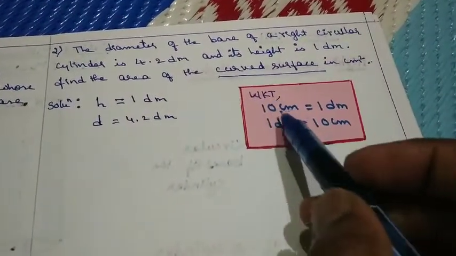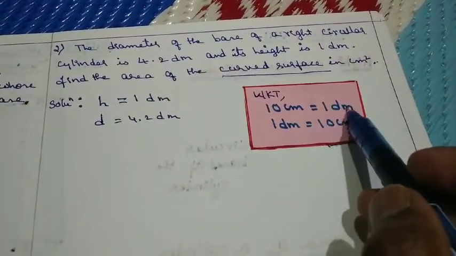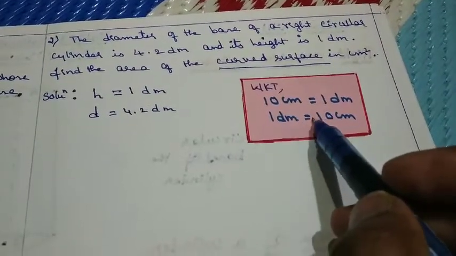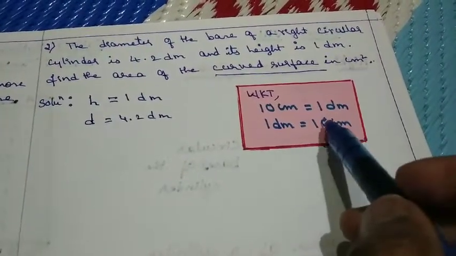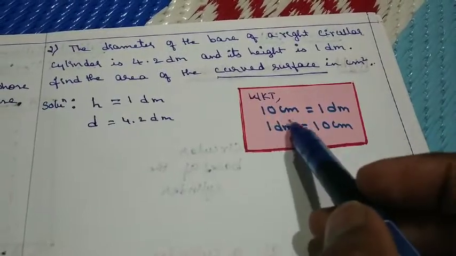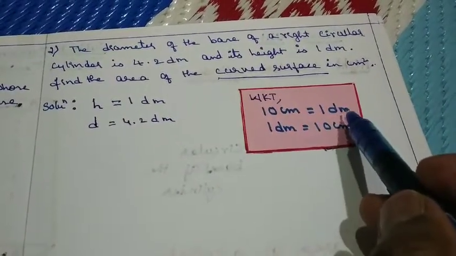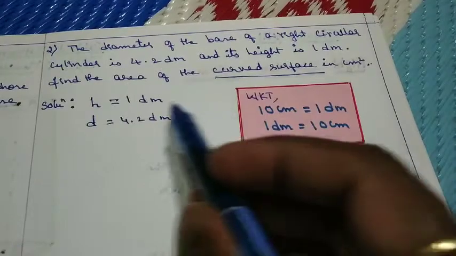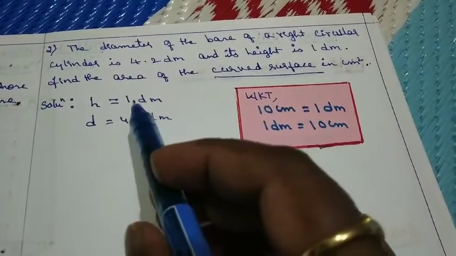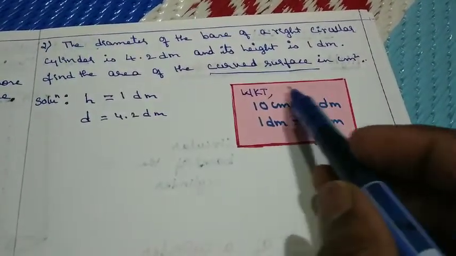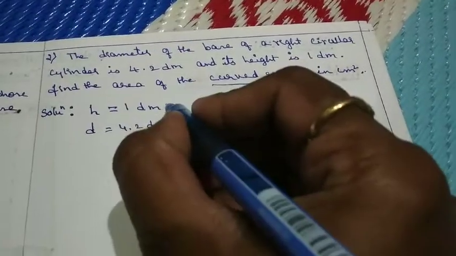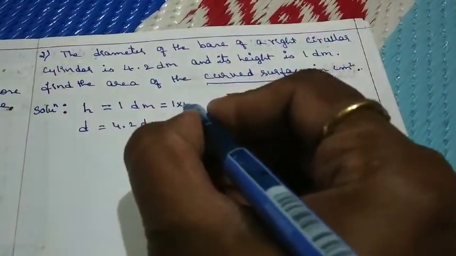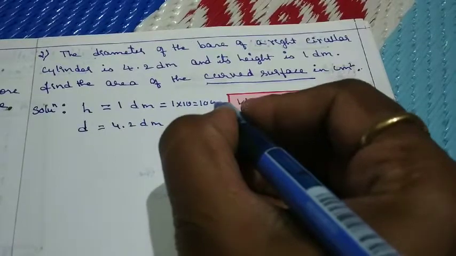So we know that 10 centimeter equal to 1 decimeter, or 1 decimeter equal to 10 centimeter. So here we are going to convert from big to small. When we go from big to small, we need to multiply the units. So 1 into 10 equal to 10 centimeter.